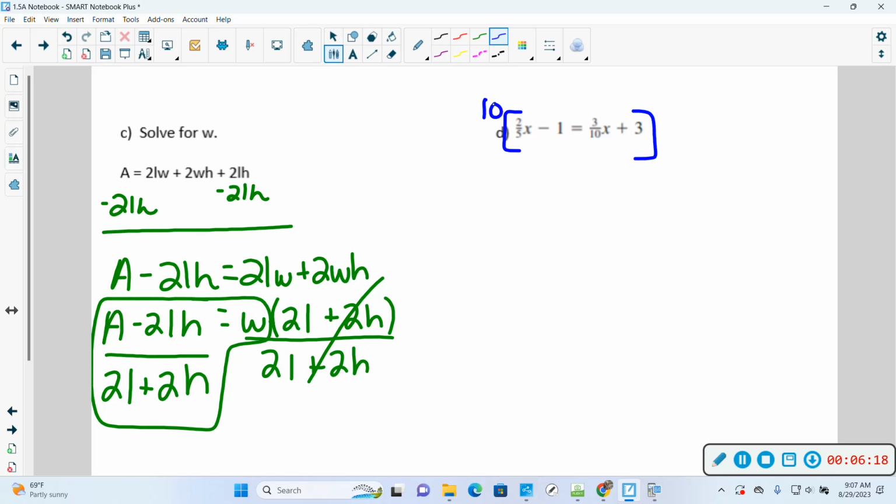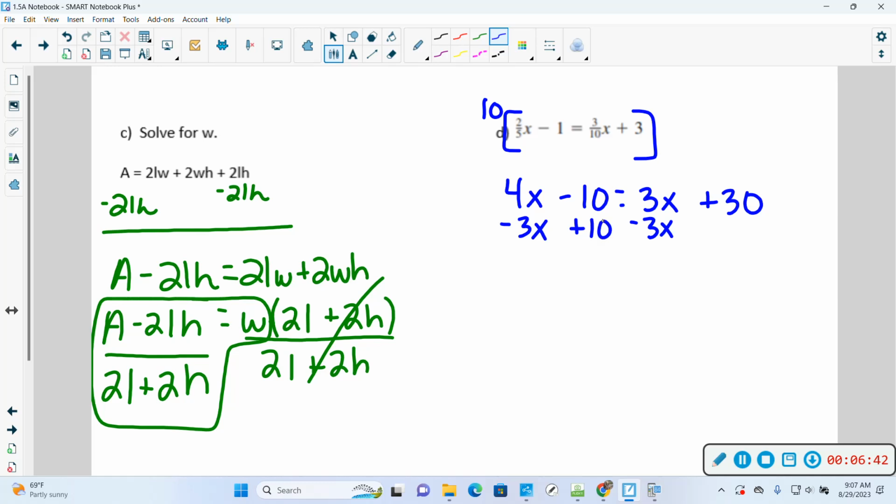Okay, 5 goes into 10, 2 times 2, that would be 4. 10 times 1, 10 times 3/10, and 10 times 3. This is an equivalent equation. We will get the same answer, but that's maybe a little easier for them to solve. Let's subtract 3x over. We can handle it.